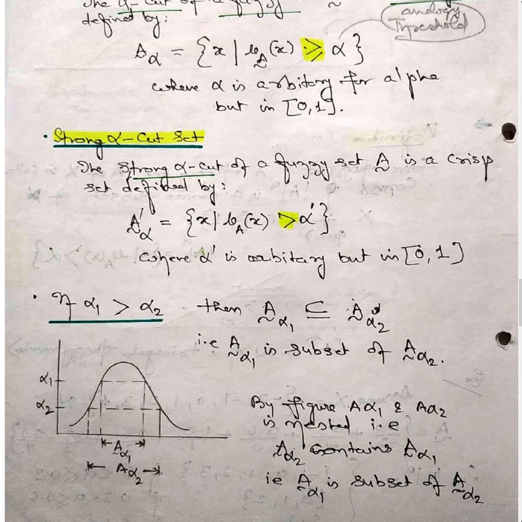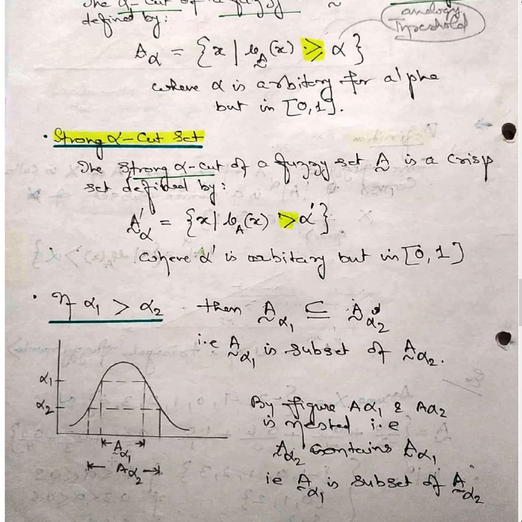So we have two values under the membership case, one alpha value here and another there: alpha 1, alpha 2. With respect to these two, you will have the crisp sets, fuzzy set A of alpha 1 and fuzzy set A of alpha 2.